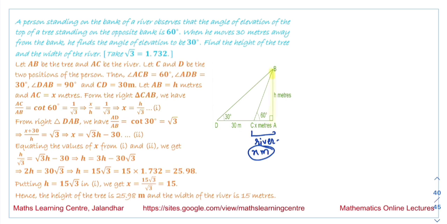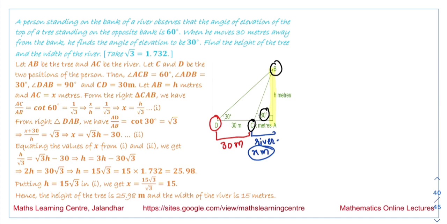The tree we are talking about, this is the tree AB. He has observed from this point C, he has observed this tree and he obtains that the angle is 60 degree.